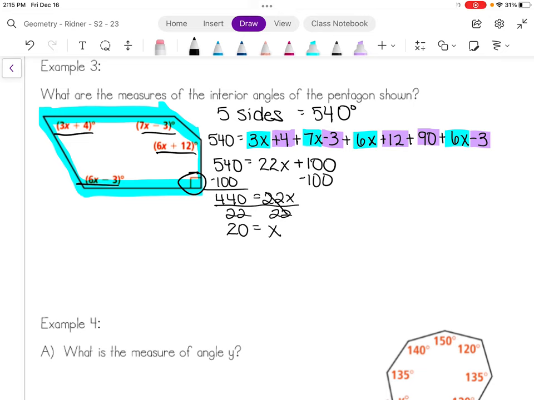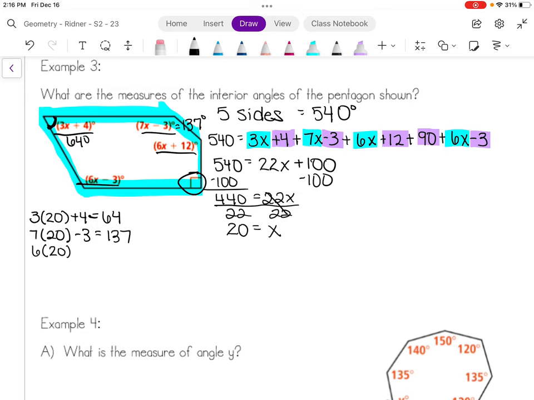So I need to go back and plug them in for each angle. So 3x plus 4 gives me 64. That means this angle right here is 64 degrees. Okay. 7 times 20 minus 3 is 137. So this one is 137.